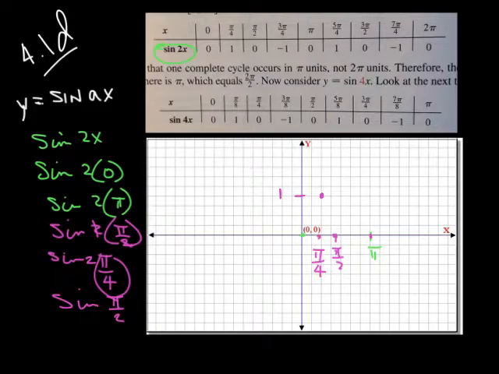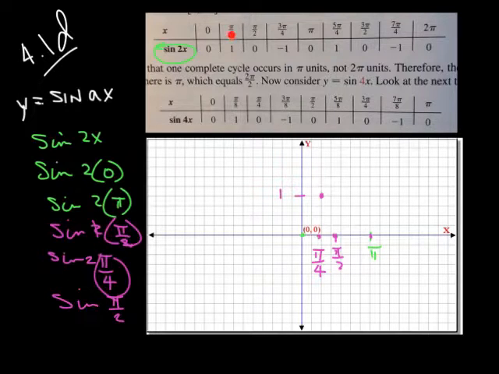Okay, so see what we're doing here. We're taking these as our x's, plugging them in here, multiplying them by 2 and taking the sine of this. And that ends up being our y value. So that's what they did up here. They plugged in pi over 4 as their x, put it in here for x, multiplied it by 2 and got pi over 2, took the sine of pi over 2 and got 1.